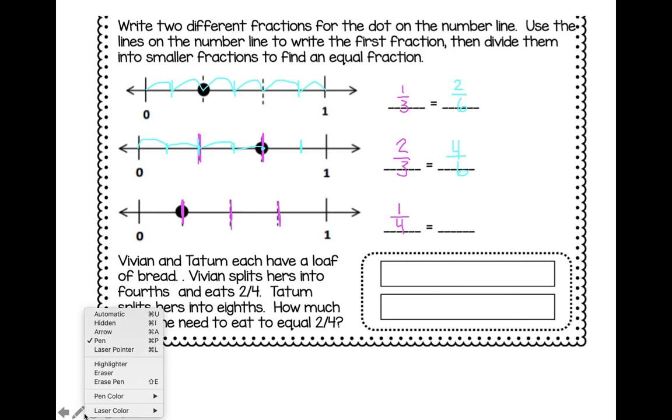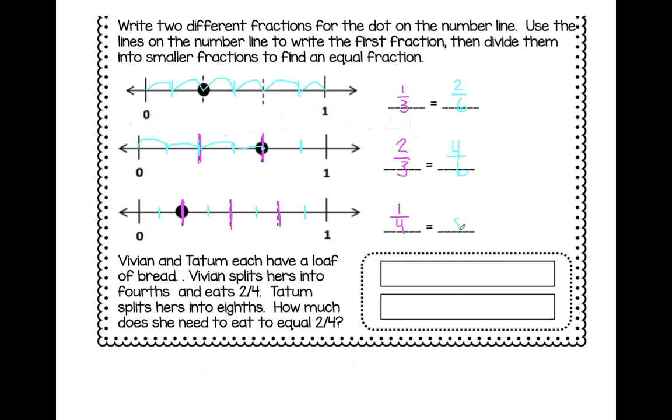Now, if we take our fourths and cut them in half, so each fourth is going to now be smaller, how many equal parts am I now going to have? I now have 1, 2, 3, 4, 5, 6, 7, 8.